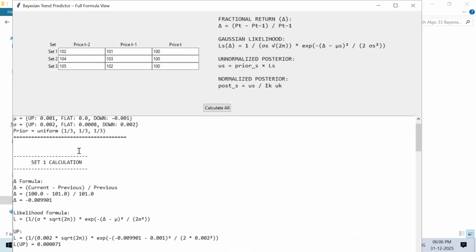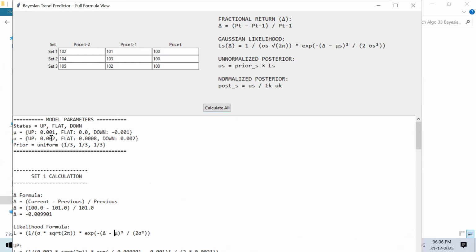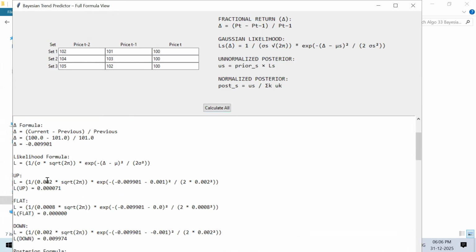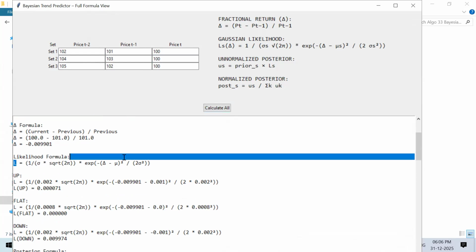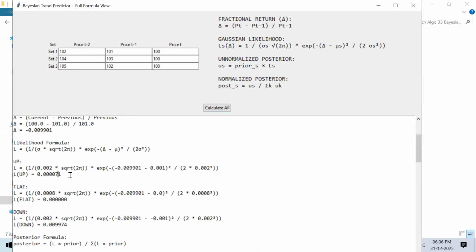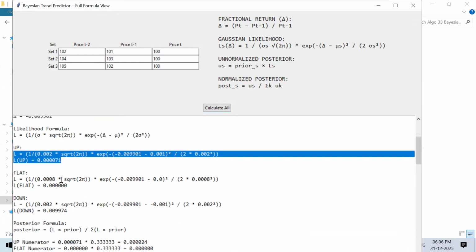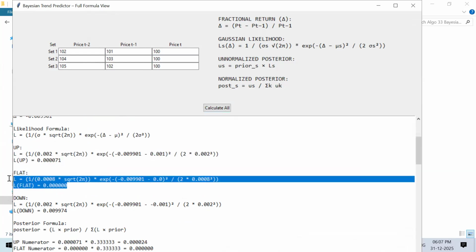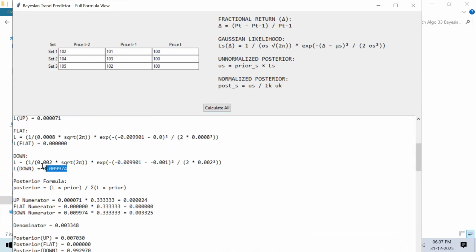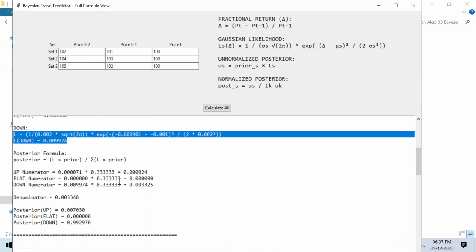Mu for the up movement is 0.02, and it is going to put all these values here, and it first calculates the value of L for the up. Then it is going to calculate the value of L for the flat. Then it is going to calculate the value of L for the down. Now it comes to the posterior formula.